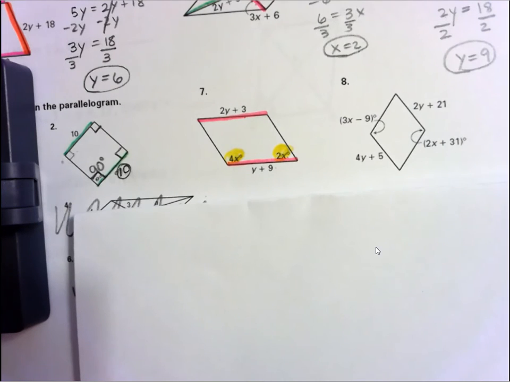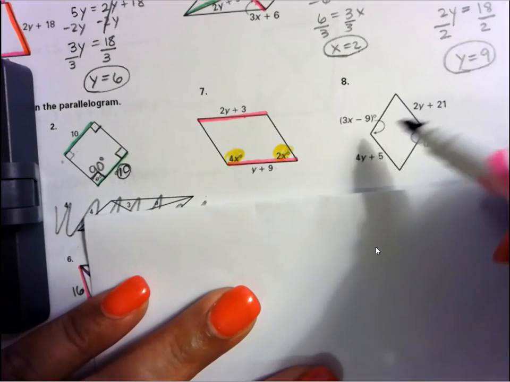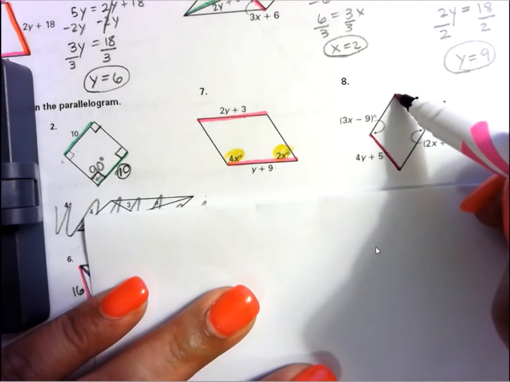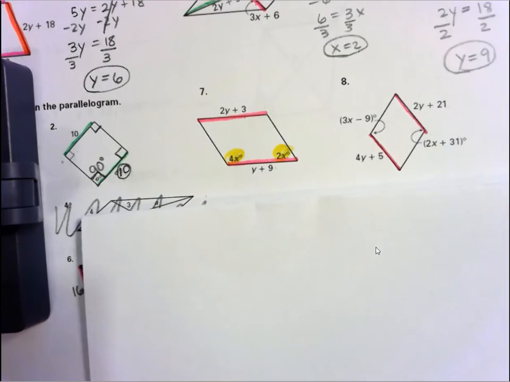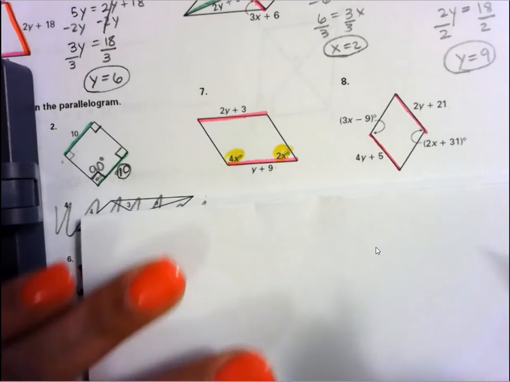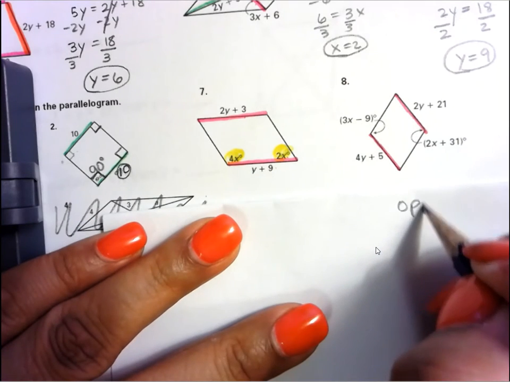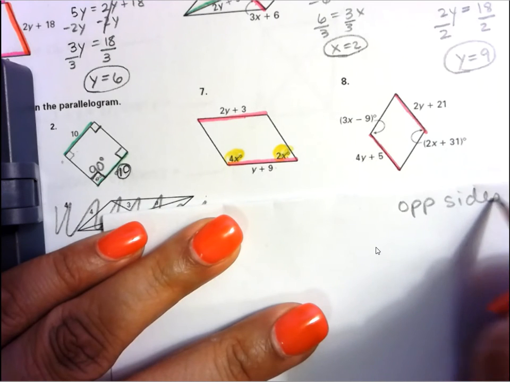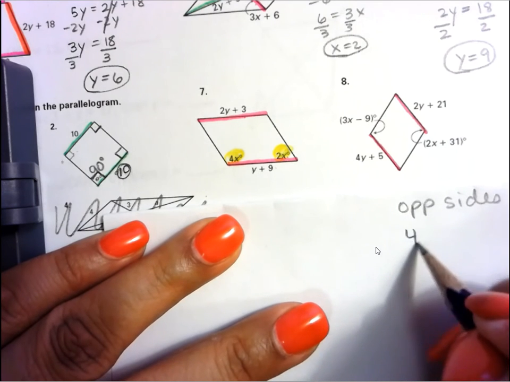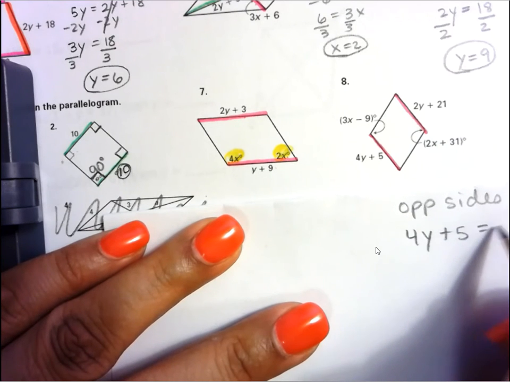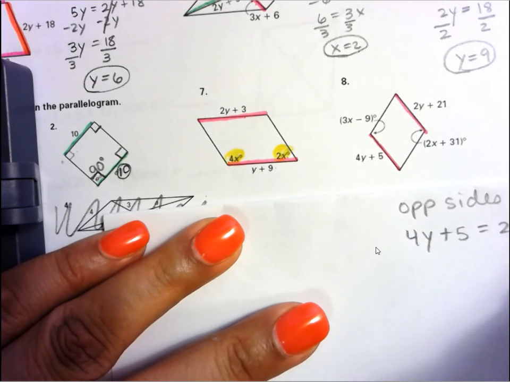Alright, this one. Just looking for my pink marker. This side and this side are congruent, right? Because opposite sides are congruent. So that means that 4y plus 5 equals 2y plus 21.